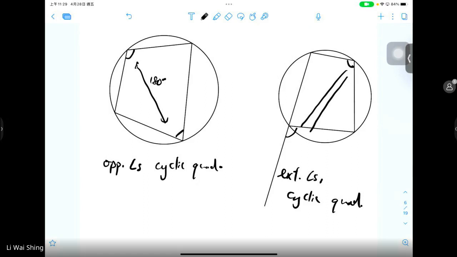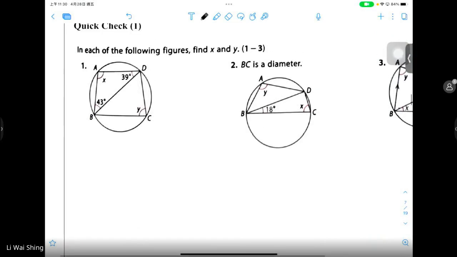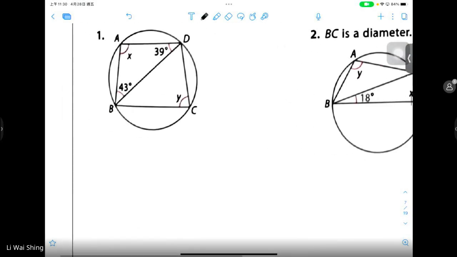Okay, so let's take a look at the quick check. 睇下點樣寫個 presentation喎. All right? In order to find x and y, what would you use? In order to find x, obviously, angle sum of triangle. So the sum of angles in a triangle would equal 180.